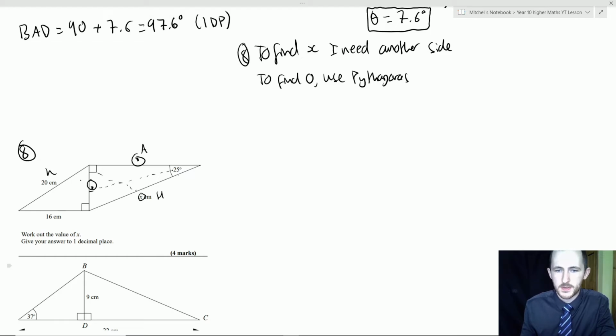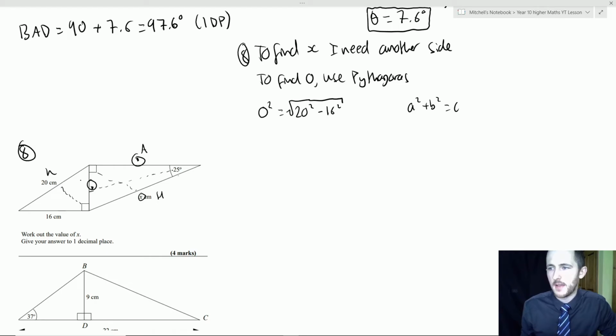Well, this is my hypotenuse because it's opposite the right angle. So to work out the missing side O, what I'm going to do is do the square root of 20 squared minus 16 squared. And the reason why I'm doing it that way is, step back. Normally, you add the two smaller sides together and then square root them. But if I have the biggest side, I subtract them instead.